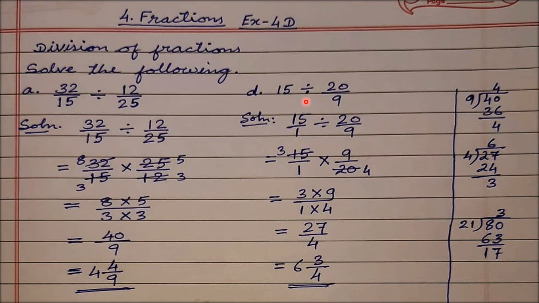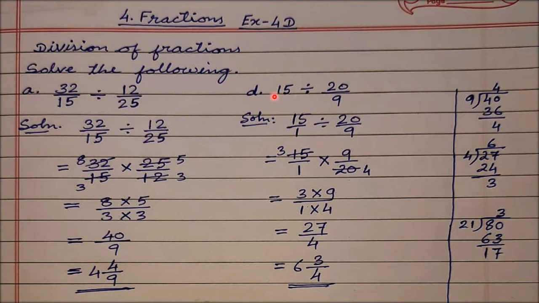Next one, I have picked up question number D. 15 divided by 20 by 9. So here the dividend is 15 and the divisor is 20 by 9. So 15, as we discussed earlier also, we can always put 1 for the convenience of calculation.